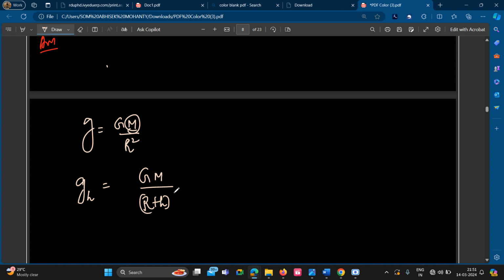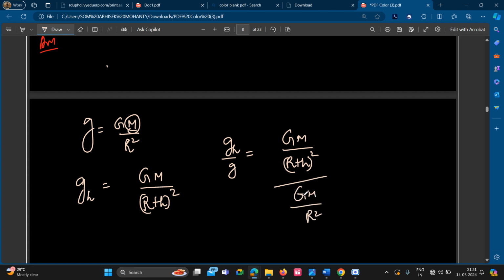We know g is equal to GM by R square, where M is the mass of the Earth and R is the radius of the Earth, and g at a height h is equal to GM by R plus h whole square. So gh by g is GM by R plus h whole square divided by GM by R square. GM cancels out, giving R square by R plus h whole square.